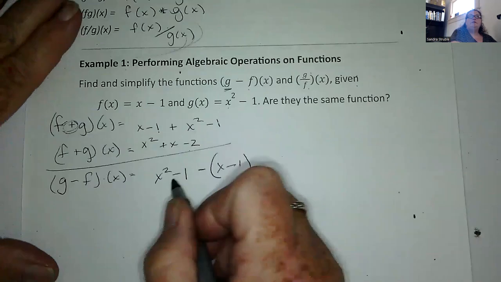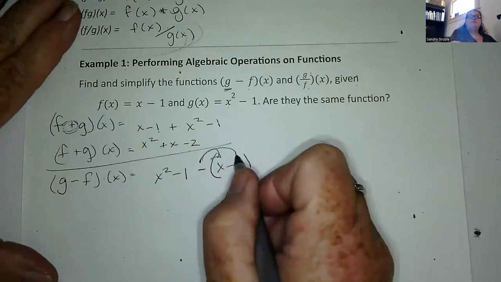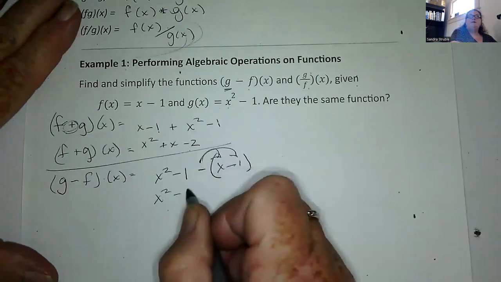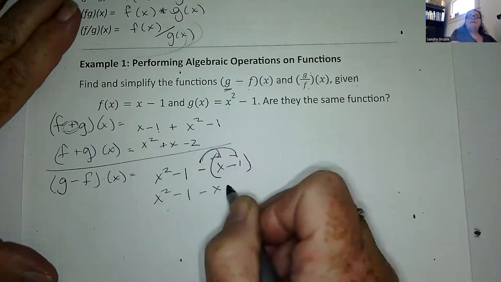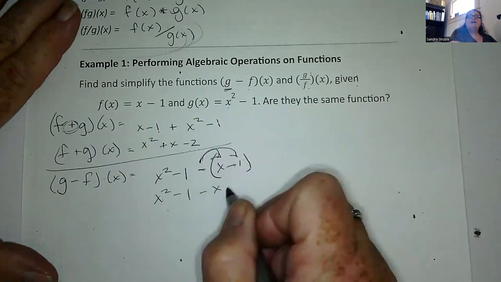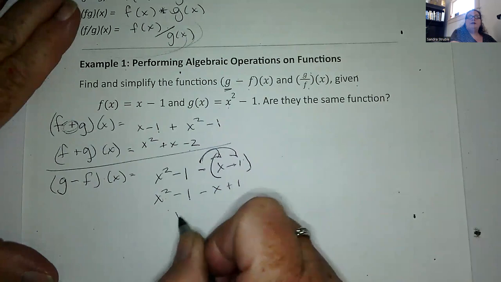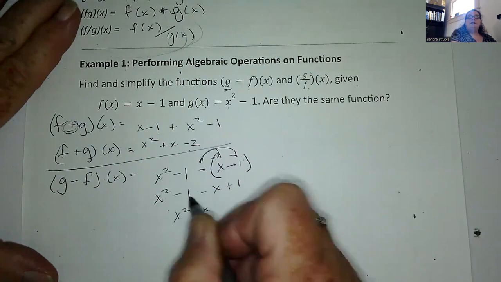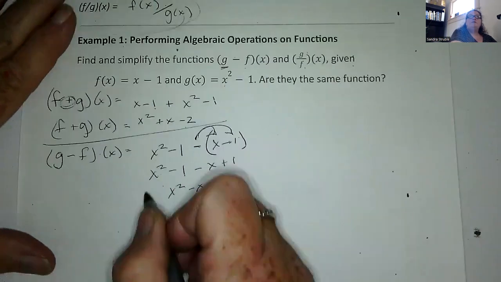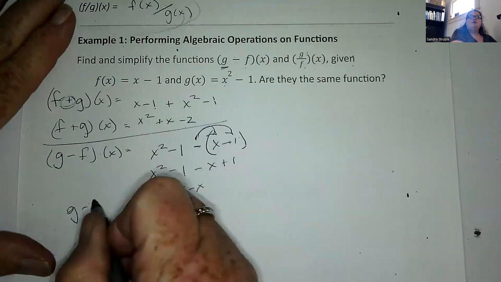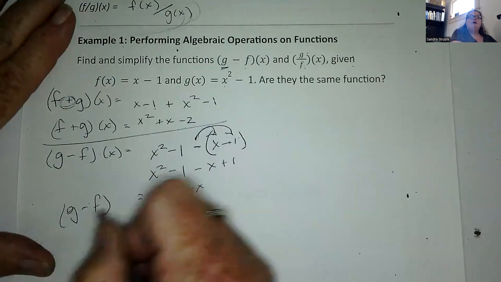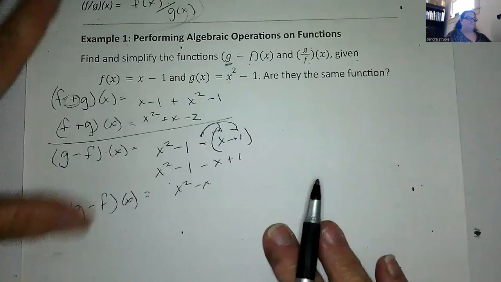I'm just going to distribute my negative 1 over the binomial. You get x squared minus 1 minus x, and negative times a negative is positive 1. So we end up with x squared minus x, and then our negative 1 plus 1 is 0. So that is what g minus f of x is.